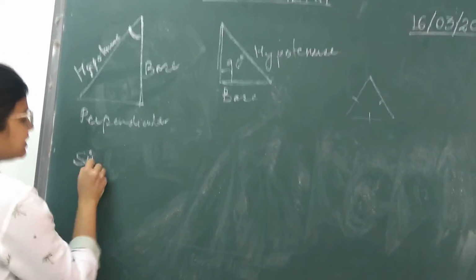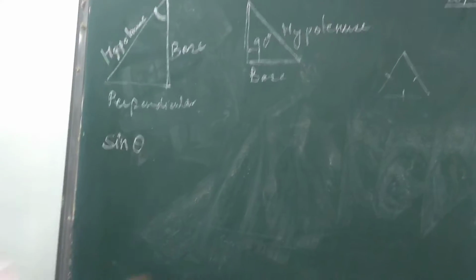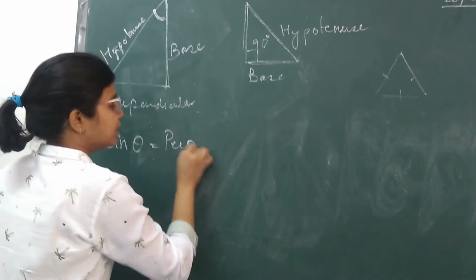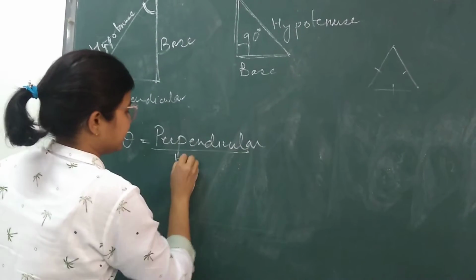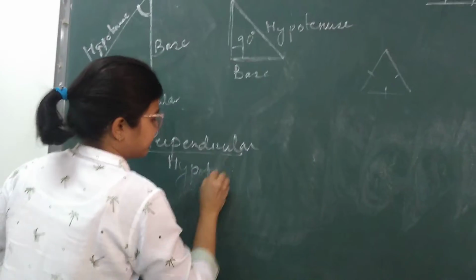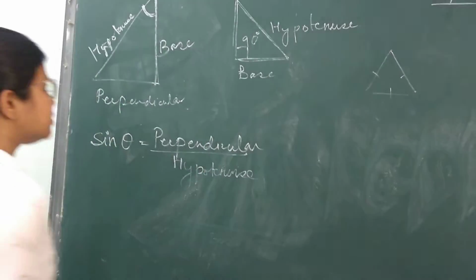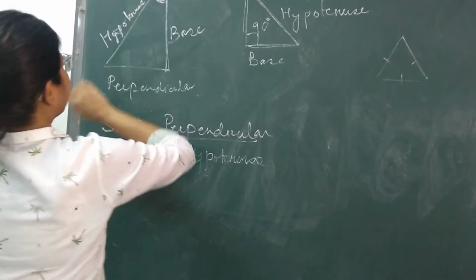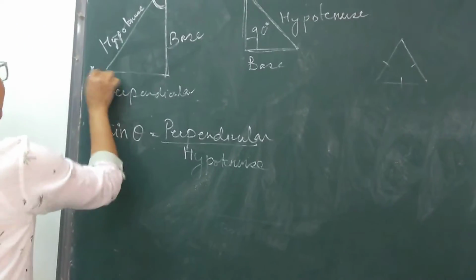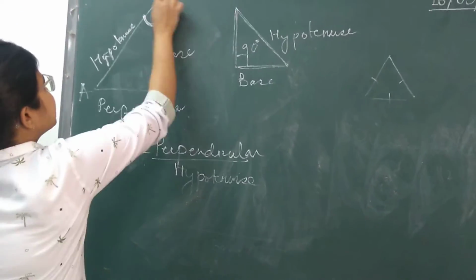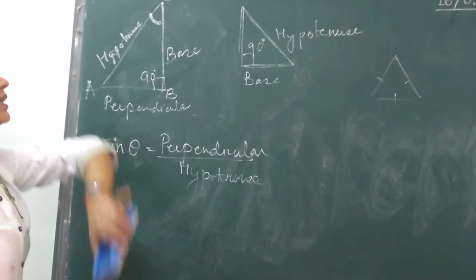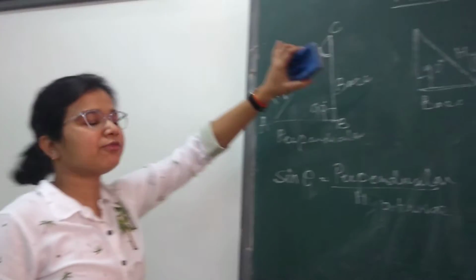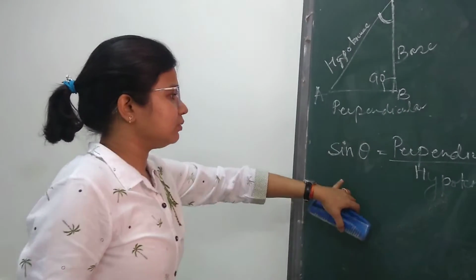See, first is sine theta, which is equal to perpendicular by hypotenuse. We can also name the triangle like this: A, B and C, wherein B is the 90 degree angle and C is the angle from where we are going for the question.